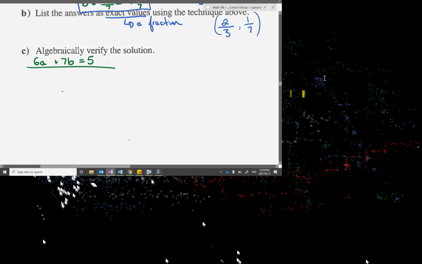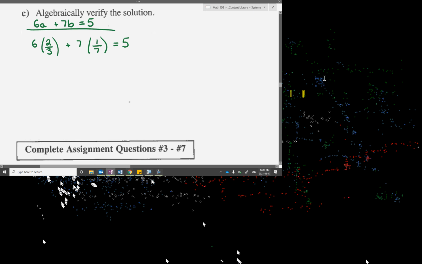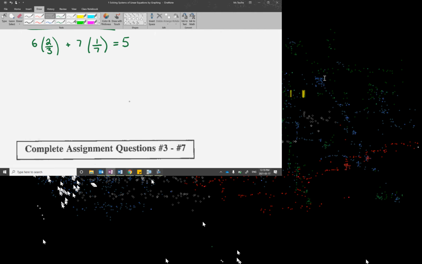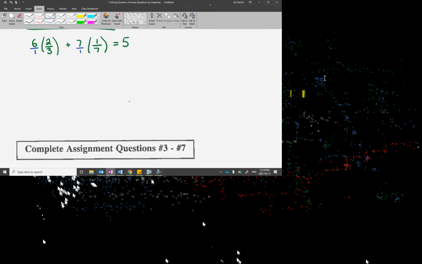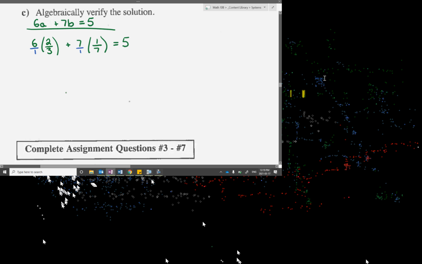So remember, a was our x coordinate. So I'm going to go 6 times 2/3 plus 7 times 1/7. Hopefully that equals 5. When we're multiplying fractions, think of this as like 6/1 and 7/1. 6 times 2 gives us 12. 1 times 3 gives us 3. 7 times 1/7, I hope you guys can all just know that that's 1.